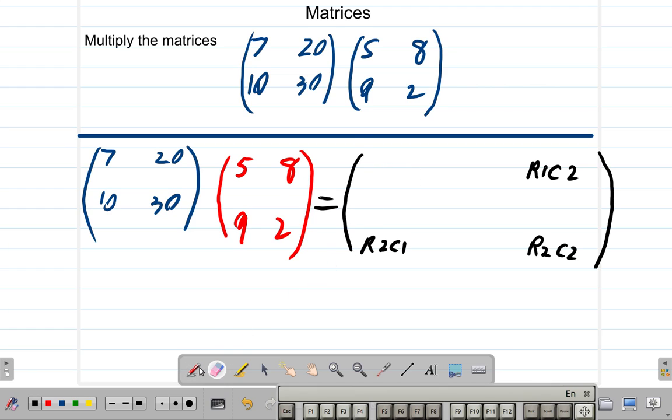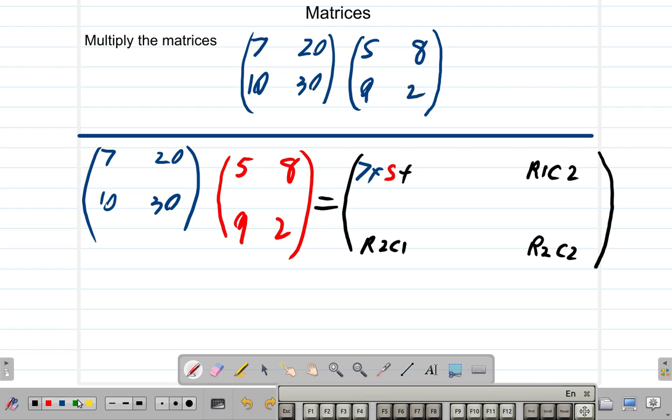So we have 7 times 5. Alright? Plus the second elements multiplied. Second in row 1, 20, times the second in column 1, 9.